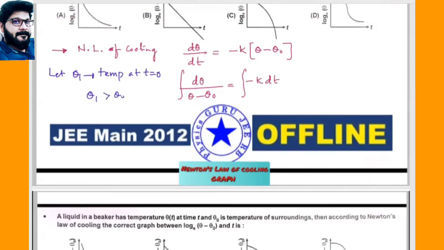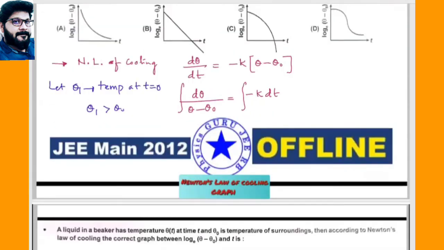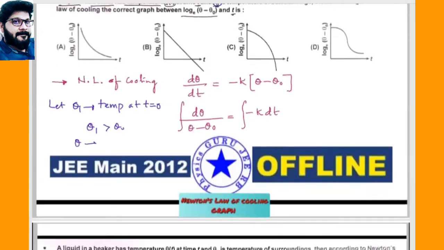Theta naught is nothing but the surrounding temperature, temperature of surroundings. Then theta is the temperature at a time t seconds. So three temperatures are there with us. Theta 1 is the temperature at t equal to 0, theta naught is the surrounding temperature, and theta is the temperature at t seconds.